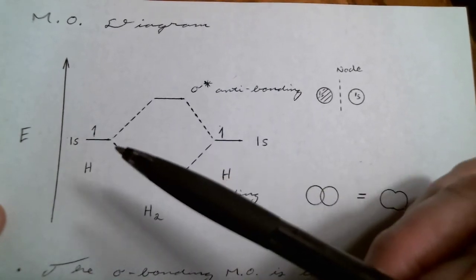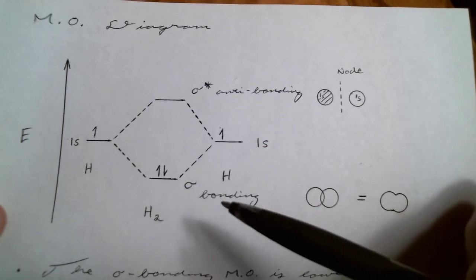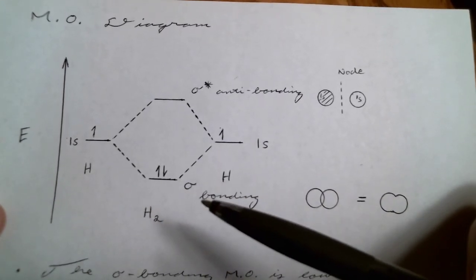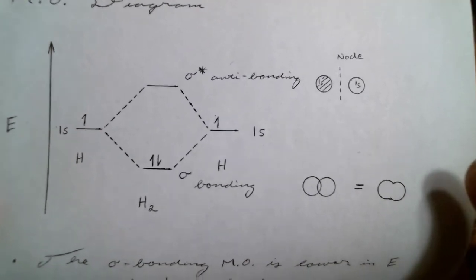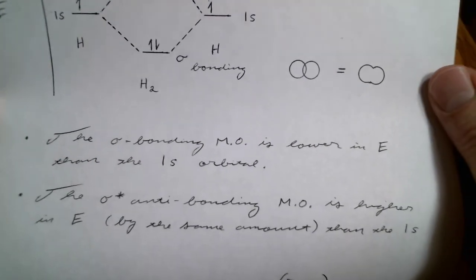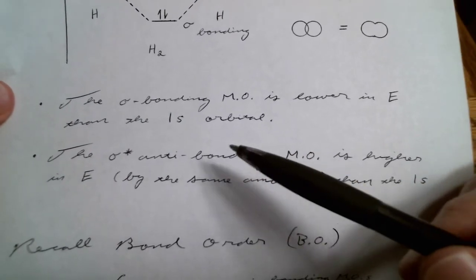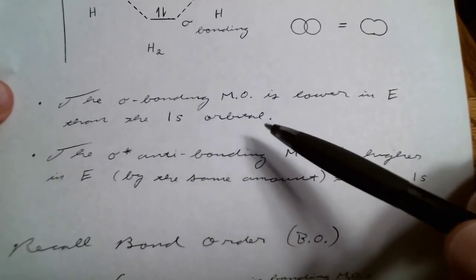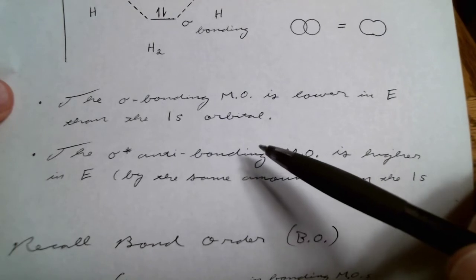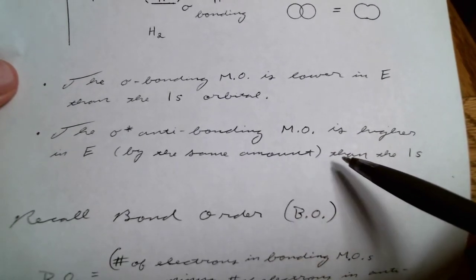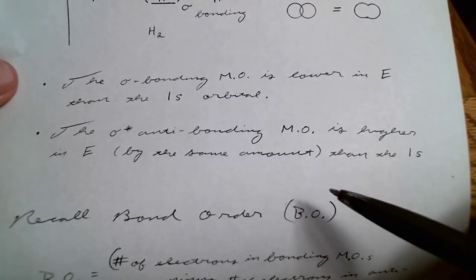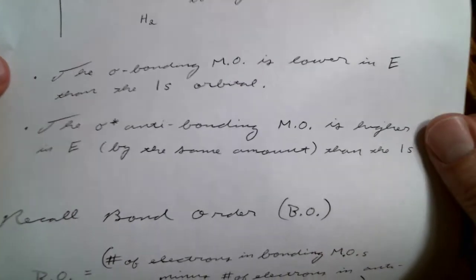And so both electrons go into the sigma bonding because we fill the low energy orbitals first, just like water fills the bottom of the glass first, not the top part of the glass. So the sigma bonding molecular orbital is lower in energy than the 1s orbital. The sigma star antibonding molecular orbital is higher in energy by the same amount than the 1s orbital.